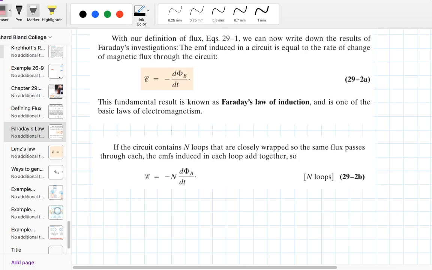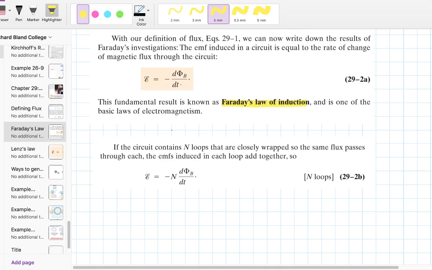It says that the induced EMF through a loop in space is equal to the time rate of change of the magnetic flux, d phi sub B dt, with a negative sign in front. And that negative sign is very, very important, and we'll talk about it in a minute. We call this Faraday's law of induction, or simply Faraday's law.